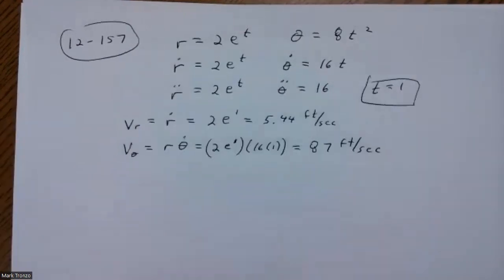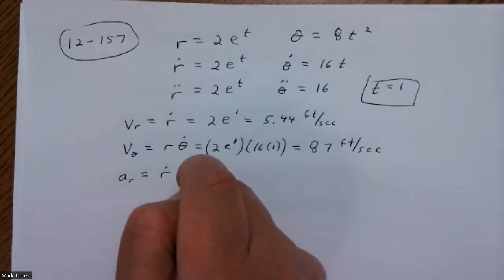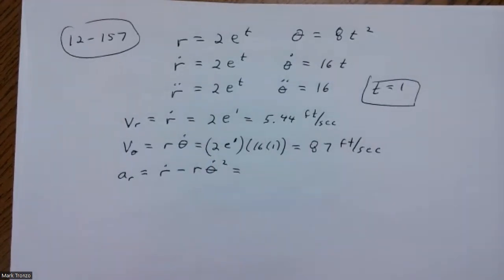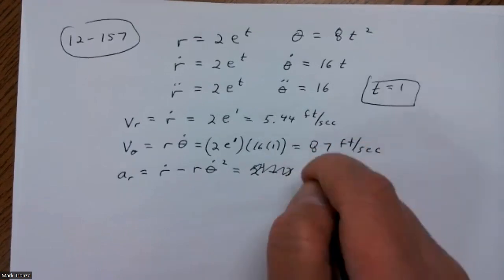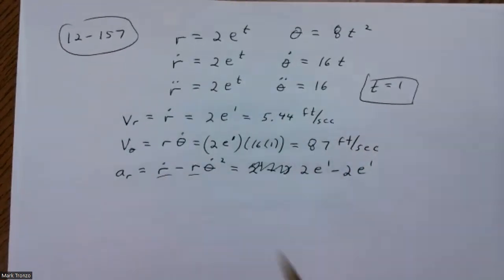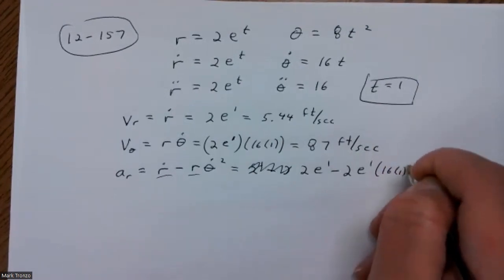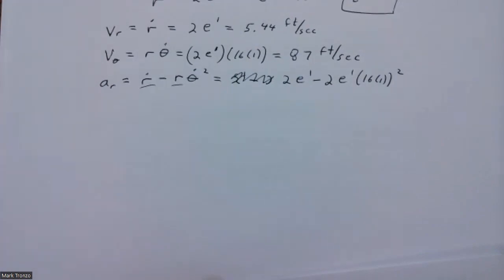So a_r is going to be r double dot minus r theta dot squared. r double dot and r are from up above, which are actually the same, 2e to the first minus 2e to the first, and then we have theta dot, 16 times 1, squared.